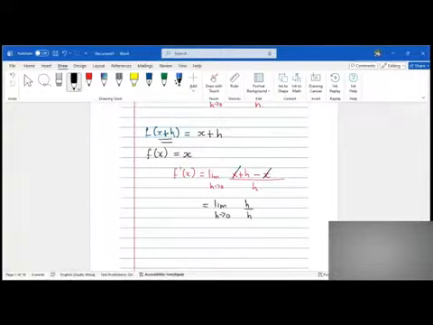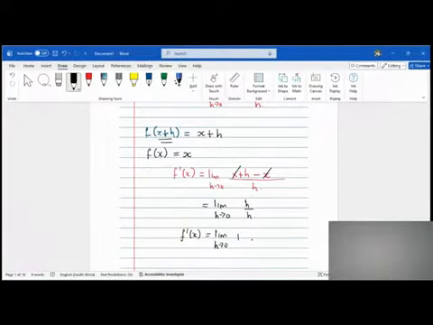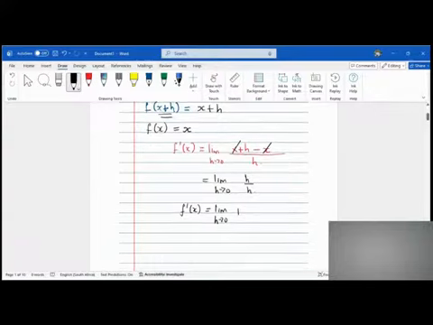Let's try to simplify further. If we simplify further, our first derivative for this function of x will be the constant 1, because it's nothing but 1. Then we take the limit there.